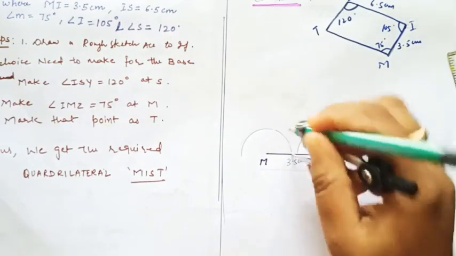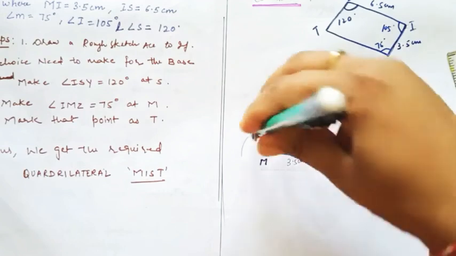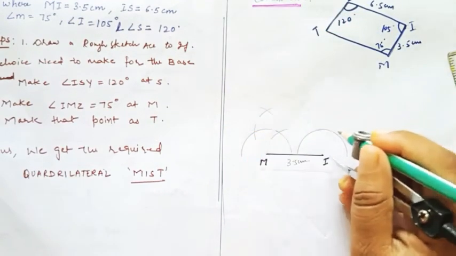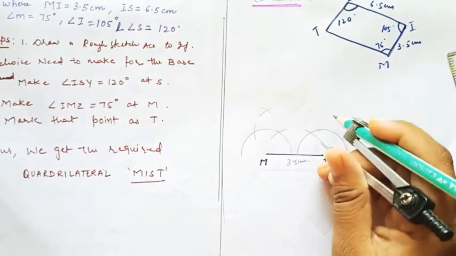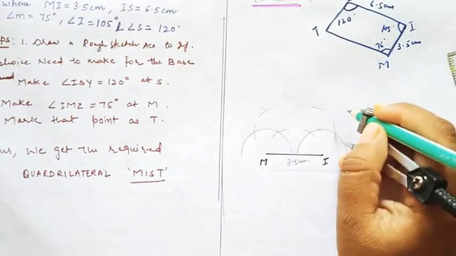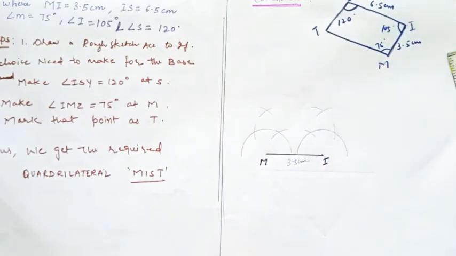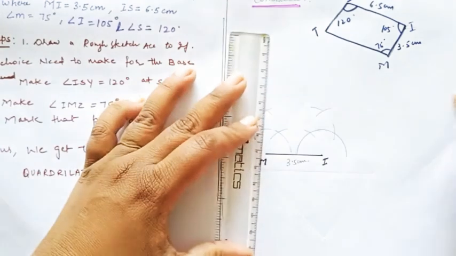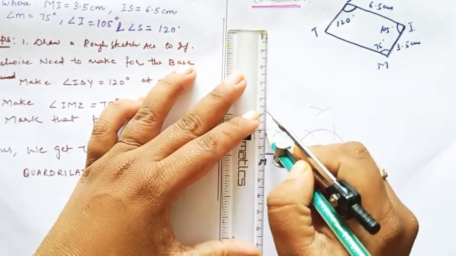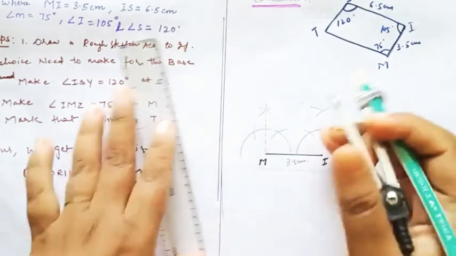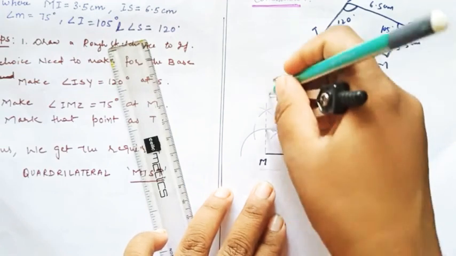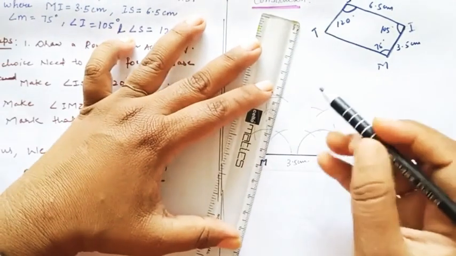For 75 you have to mark 90 degrees first, and for 105 also you have to mark 90 degrees. Just draw it with a dotted line because we don't want 90 degrees. Now the bisector of these two means this is my 75 degree angle.